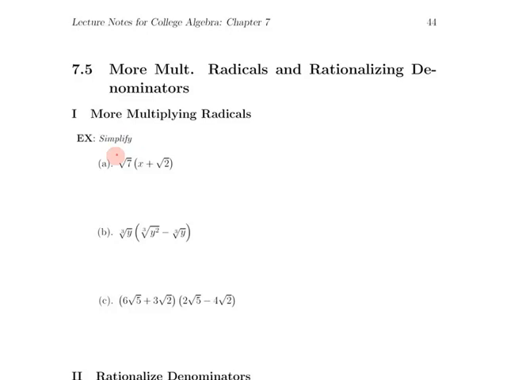In example A, we are given that the square root of 7 is multiplied times the sum x plus the square root of 2. Now, because we have a multiplication times a sum, we will distribute to each term.